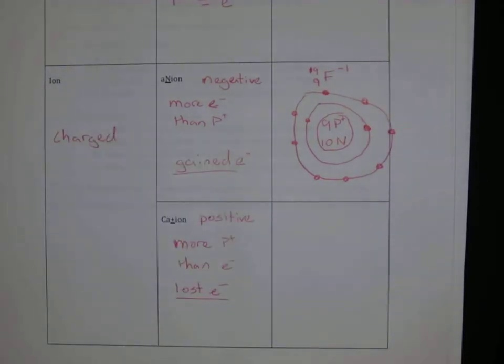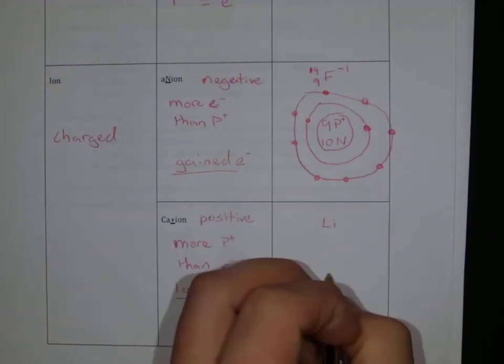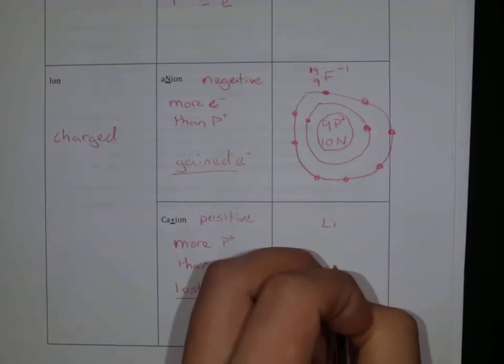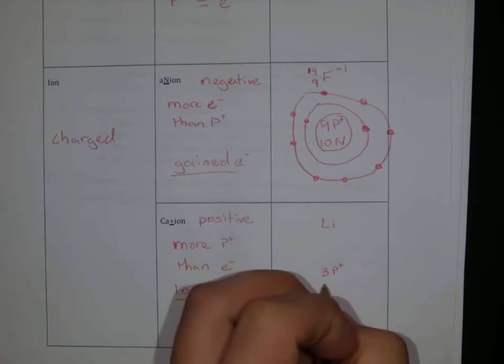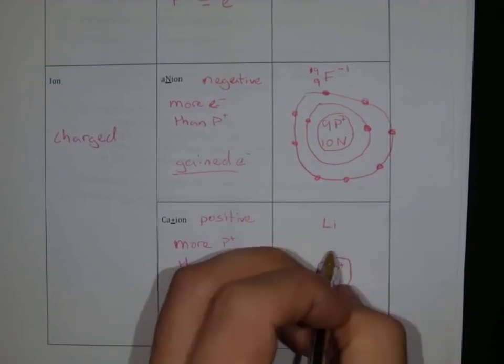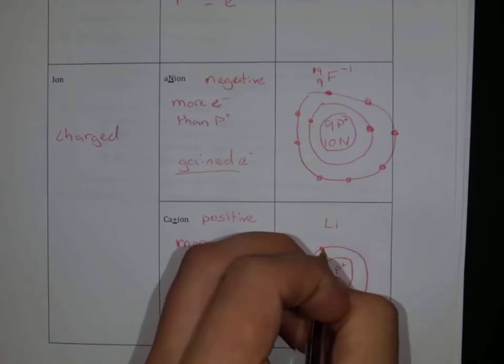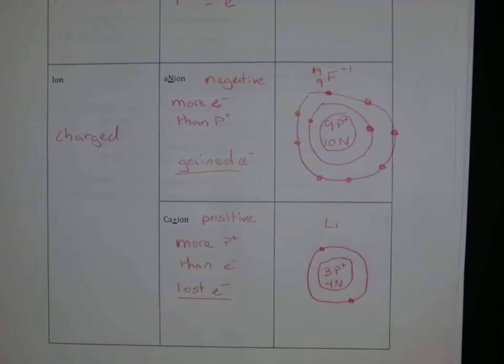So an example for this would maybe be lithium. Lithium would have 3 protons, 3 P+, and 4 neutrons in the nucleus. And then it only has 2 electrons in the first energy level. Maybe it lost that third electron that it normally would have if it were a neutral atom.